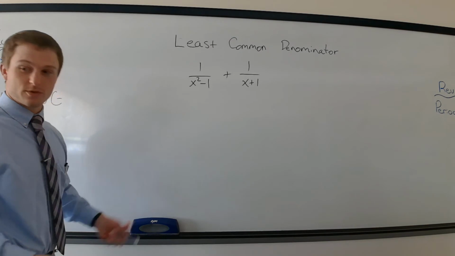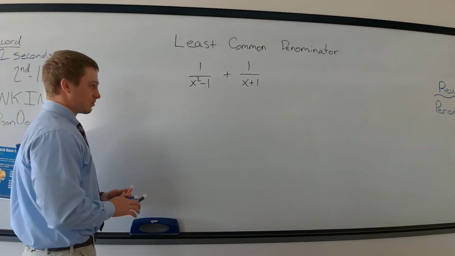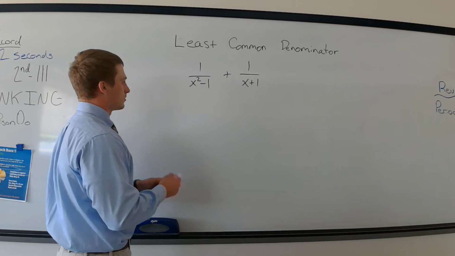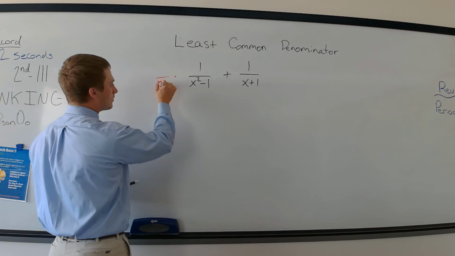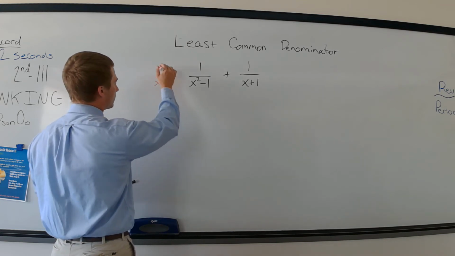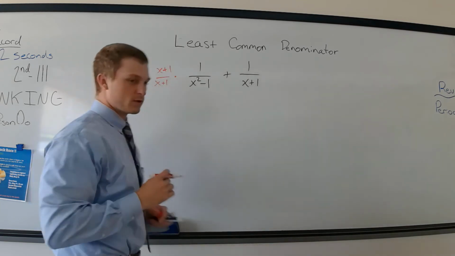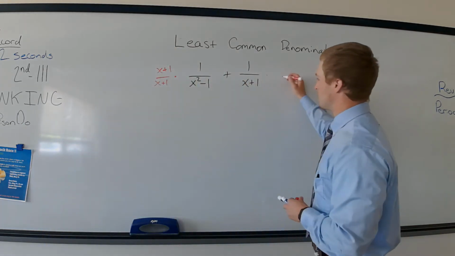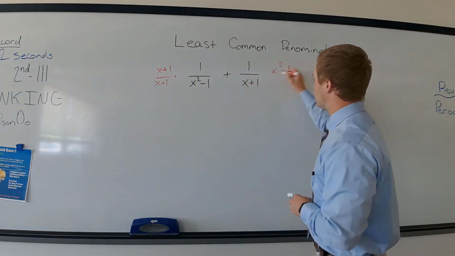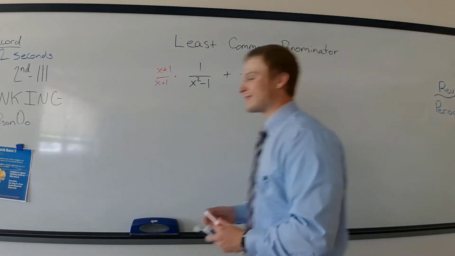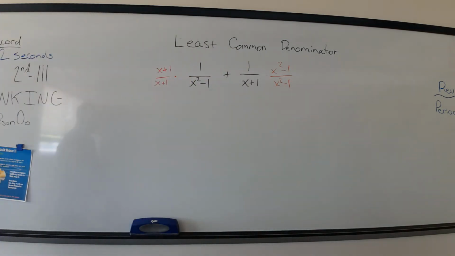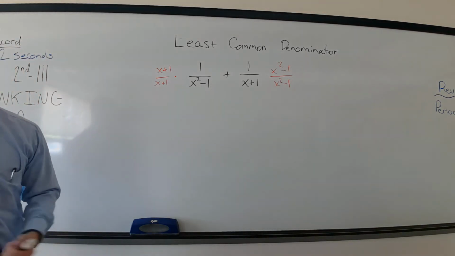So I could do the first method, method A, it's our red method, I can multiply by x plus 1 over x plus 1, and then times x squared minus 1 over x squared minus 1. Could do that. In this case, our least common denominator would be x cubed plus x squared minus x minus 1. So that's a viable option. We would just have to simplify them.